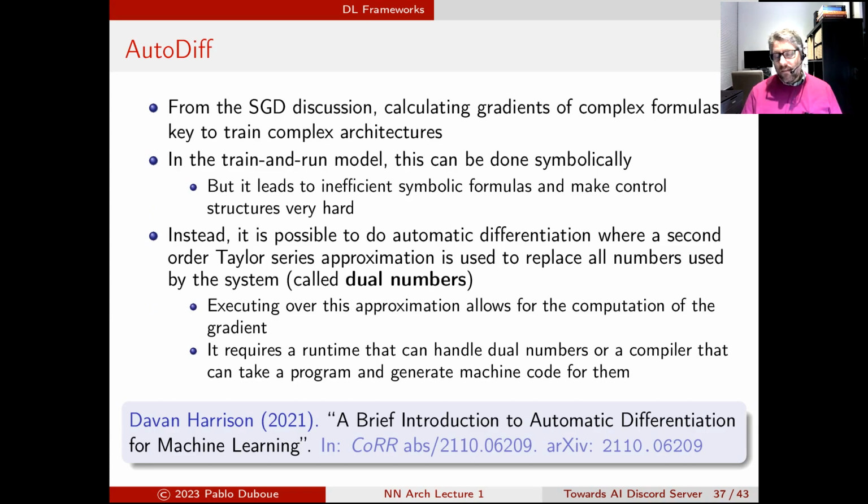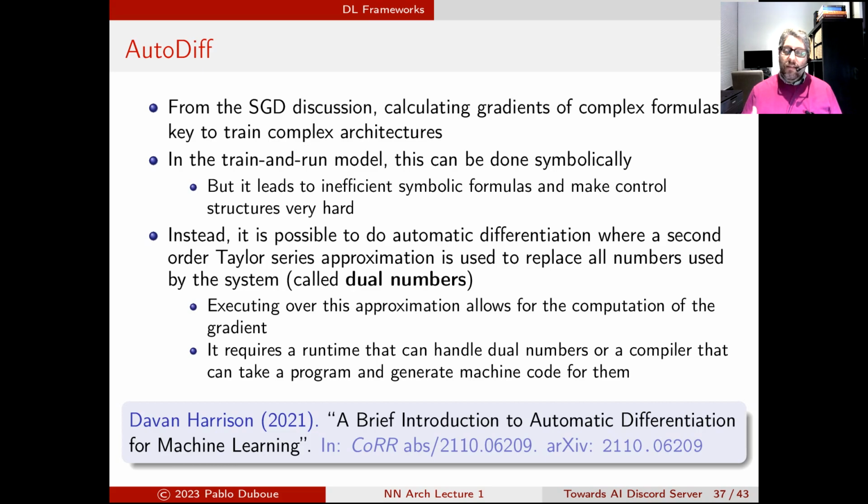Instead, of late, most systems have converged to automatic differentiation, where we take a second-order Taylor series approximation, and we replace all our numeric computations with pairs of numbers using this Taylor series approximation. These are called dual numbers.